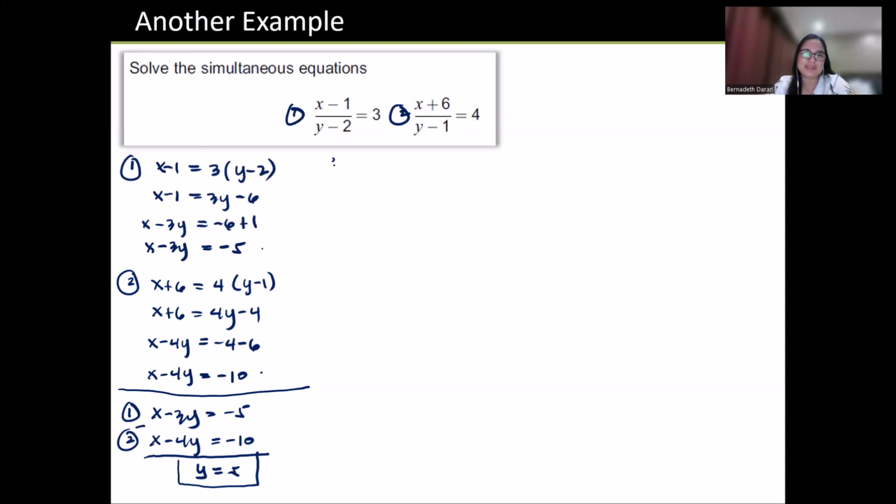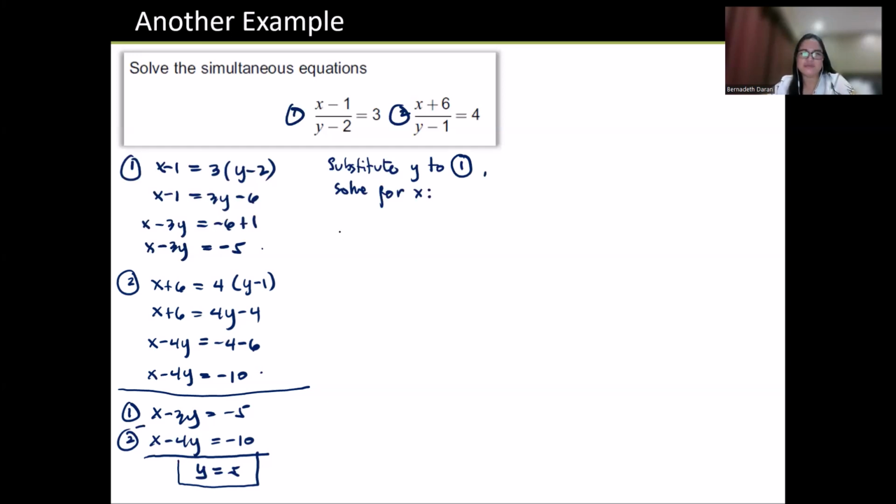So we substitute y to equation 1, and then we are going to solve for x.